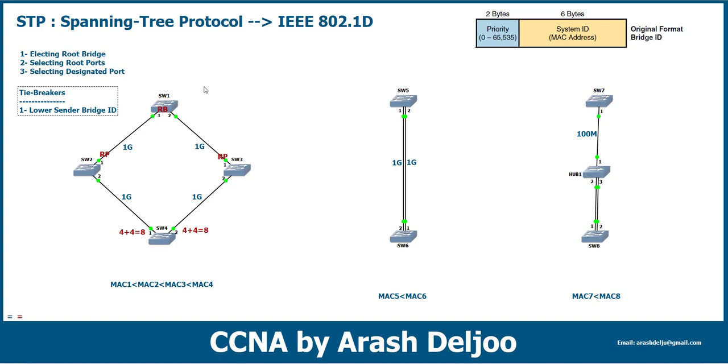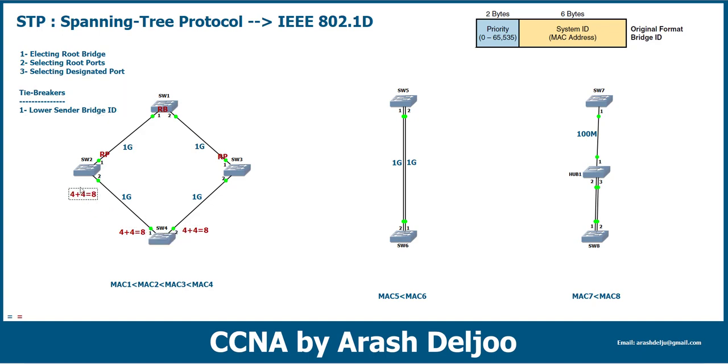Look here. When two interfaces are experiencing the same total cost to the root bridge, you can use the first tiebreaker. This means that for finding the root port, you need to find which port is connected to a bridge with the lower bridge ID.